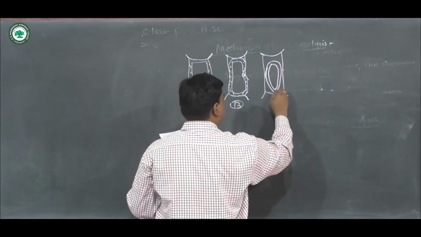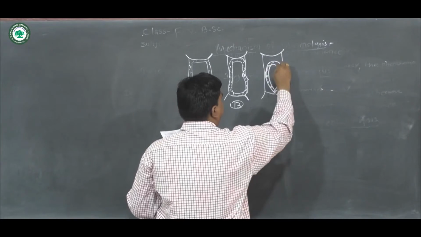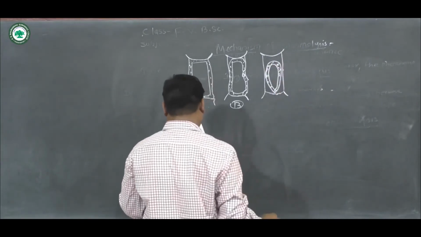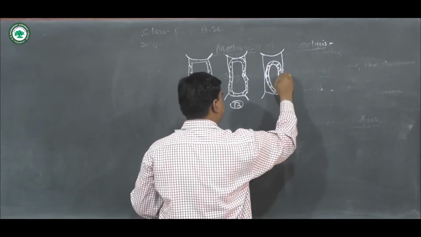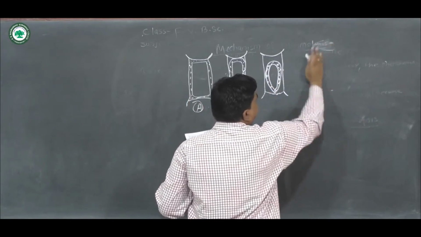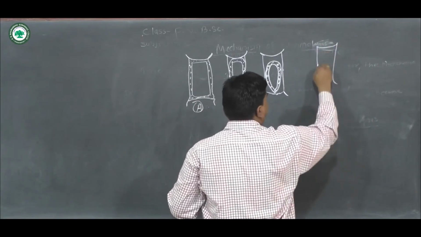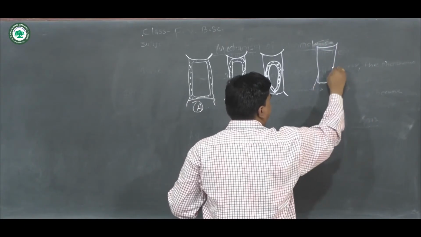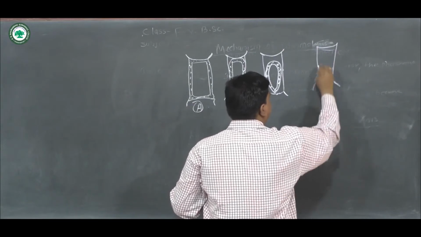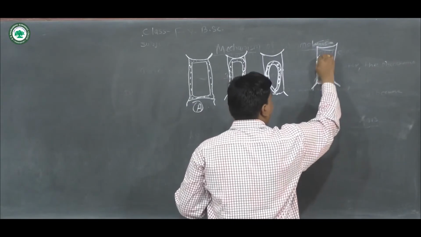What do we observe here in the C cell? These cells are of similar size.